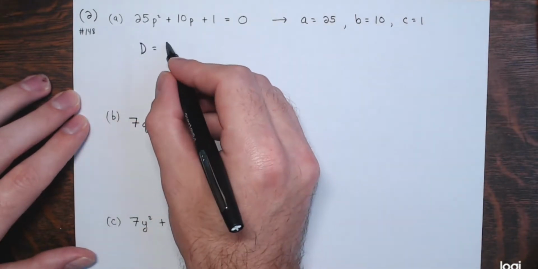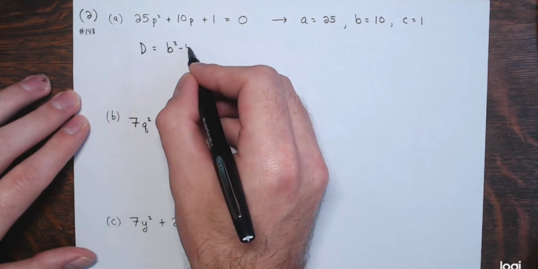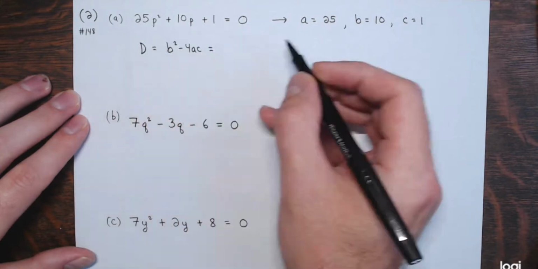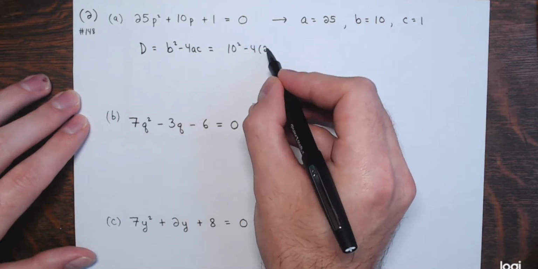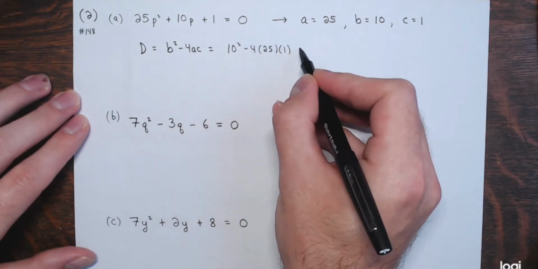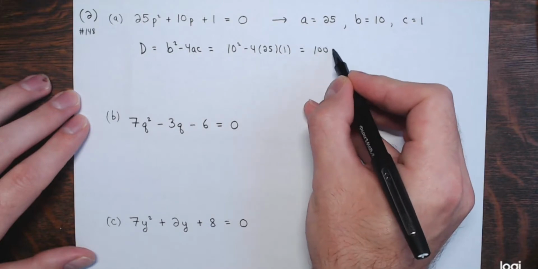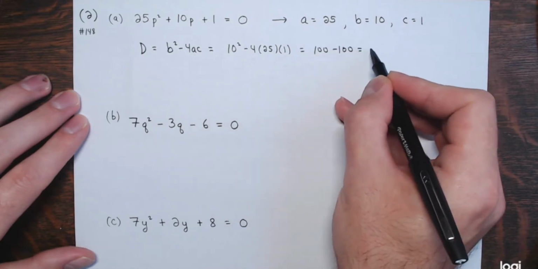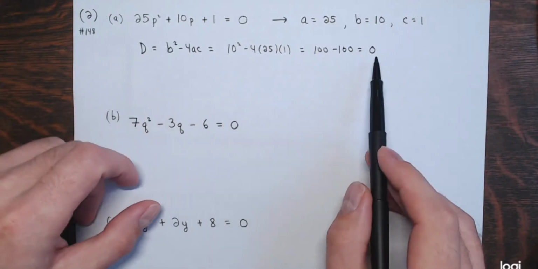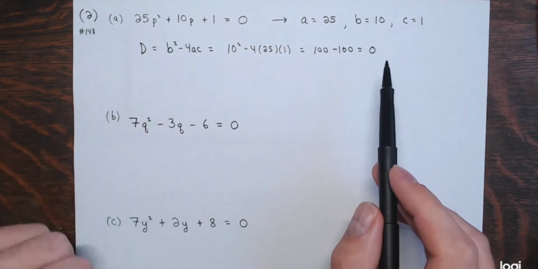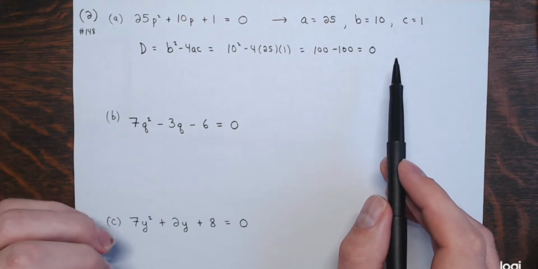The discriminant of this equation is b squared minus 4ac. So 10 squared minus 4 times 25 times 1. That's 100 minus 100, which is 0. And when the discriminant is 0, the equation is going to have exactly one real solution, and that's it.